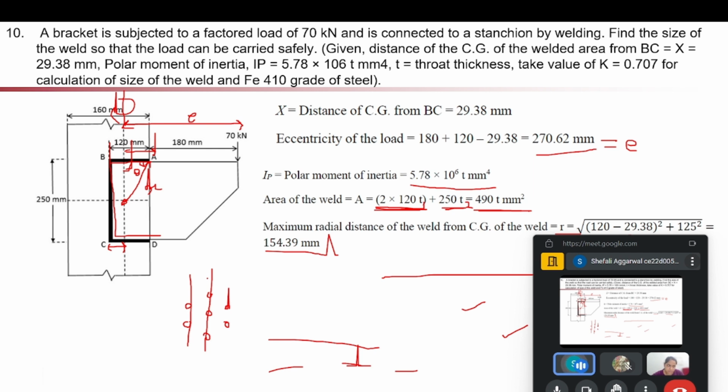Since the assumption is that all the bolts have the same distribution of load, there cannot be a situation where 2 bolts are failing and the others are safe. It cannot be the case, but it will initiate from some point. So we are calculating which failure plane is failing first. We are taking a critical condition. We are not saying that only one plane is failing; we are telling which plane is failing first.